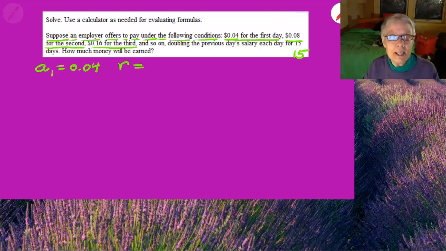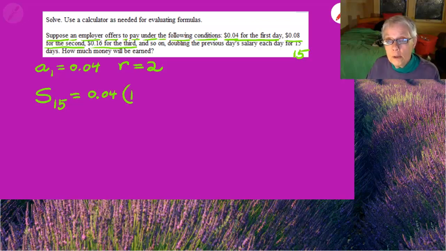Well, let's find out. The first term is going to be 0.04, and the common ratio is 2 because we're doubling. So the sum of the first 15 terms, the total amount of money made, is going to be the first term, 0.04, times 1 minus 2 to the 15th power, divided by 1 minus 2.